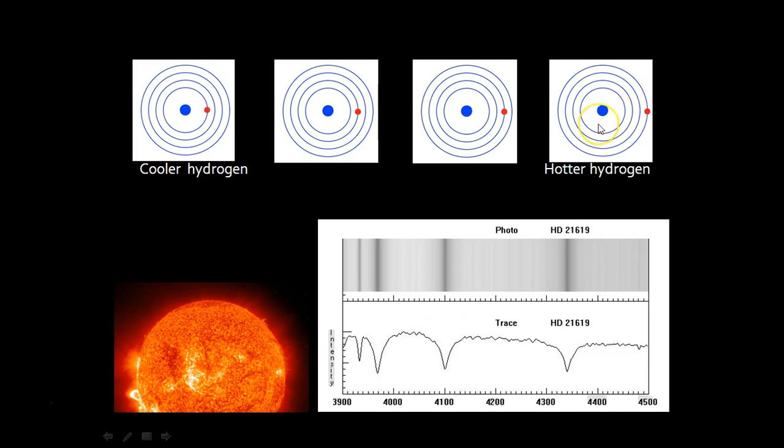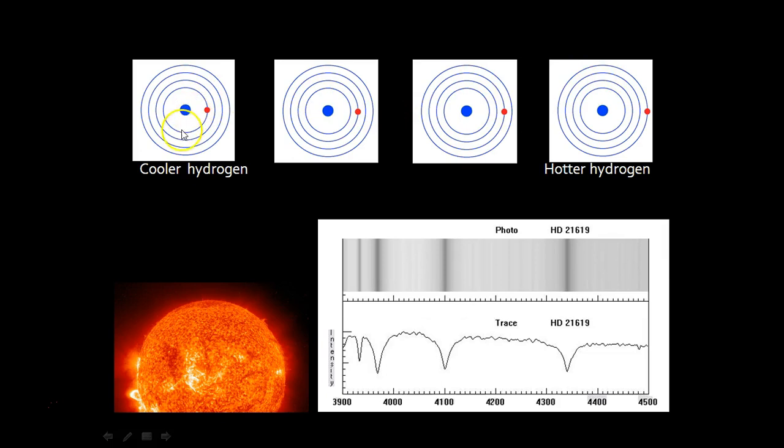So a really hot star has many more hydrogen atoms with the electron in an outer energy level, and what that means is that you don't get absorption in the Balmer series. Atoms like that get absorption in the Balmer series, but these ones don't.